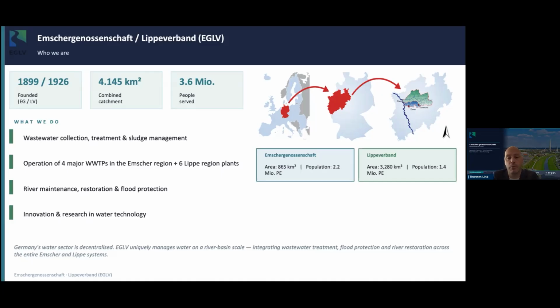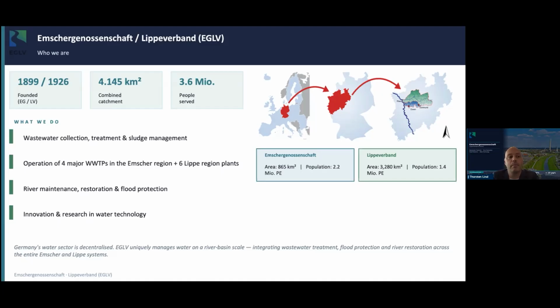Just in the last 30 years, the EGLV managed to bring everything underground, and we now have a network of 430 kilometers of underground piping, and the rivers are now wastewater free. But that was not the case before.